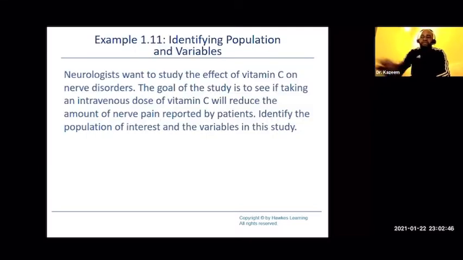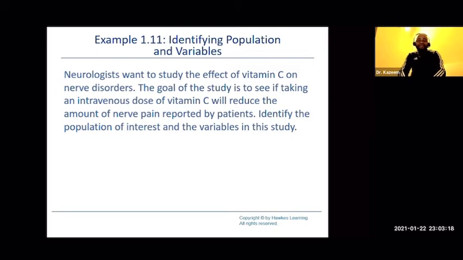In your assignment, you're going to be given a practical scenario where they're going to ask you to identify populations and variables. Now take a look at what I have right now. Neurologists want to study the effect of vitamin C on nerve disorders. You want to study the effect of vitamin C because people believe that vitamin C is medicinal.